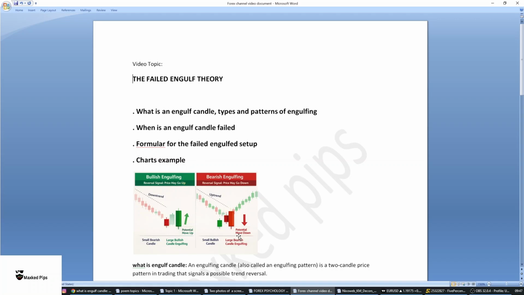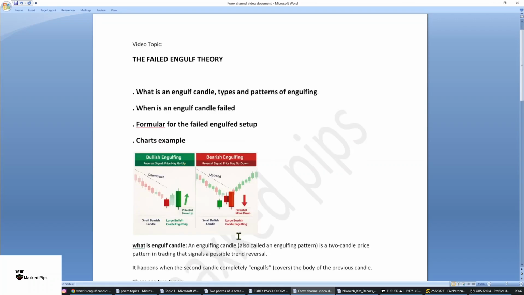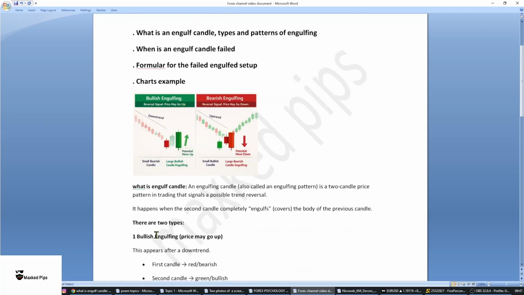Most of us already know what an engulf is, but for the sake of this video, the definition of an engulf candle is when there is a two-candle price pattern, and the second candle completely engulfs and covers the body of the first candle, as in this case here.